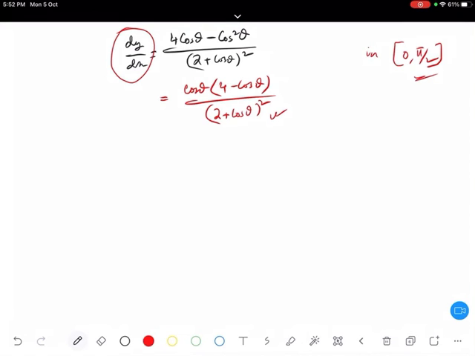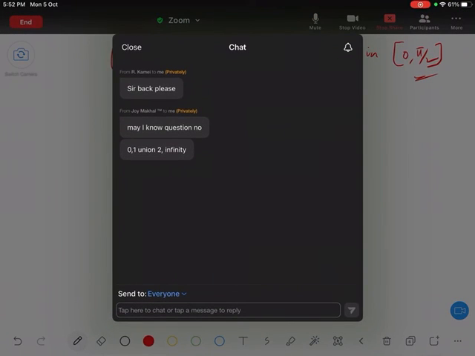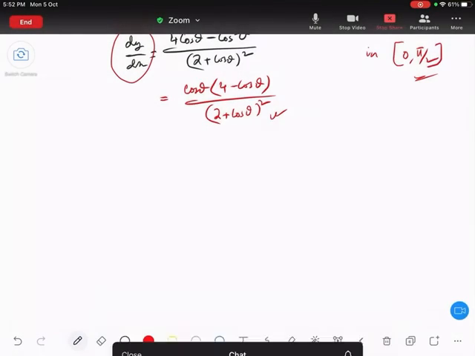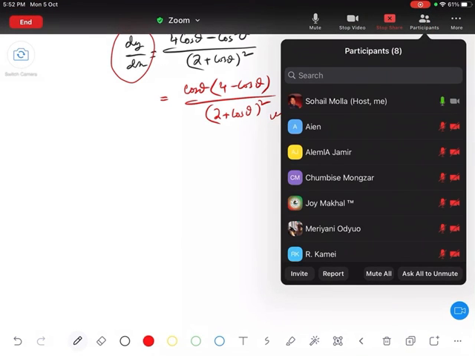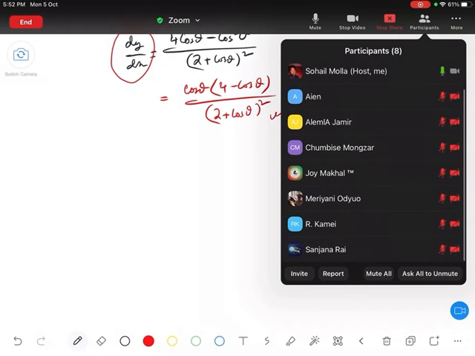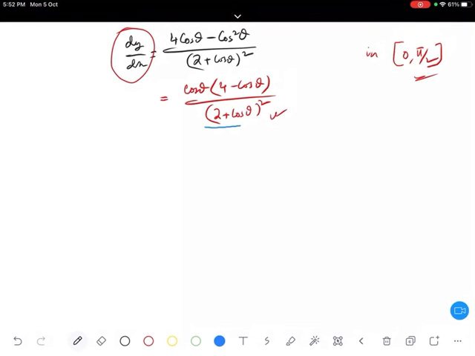Tell me, everyone. Square of any number is positive. So (2 plus cos theta) whole square is always positive, no matter what value of theta. Right?